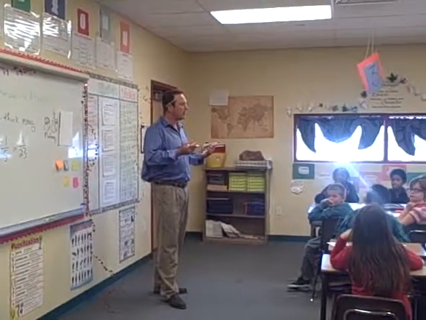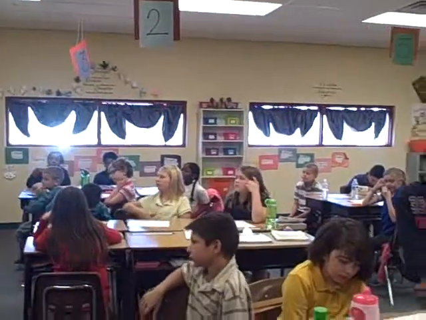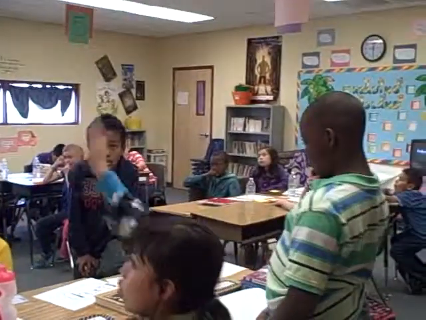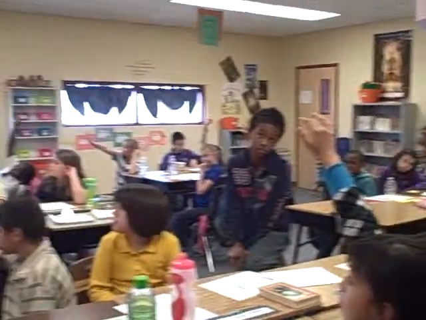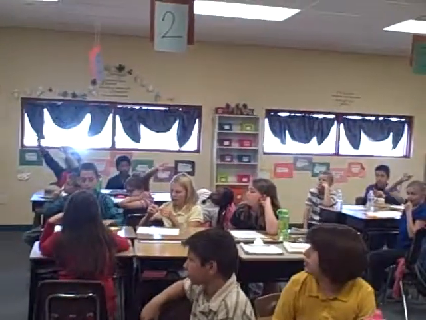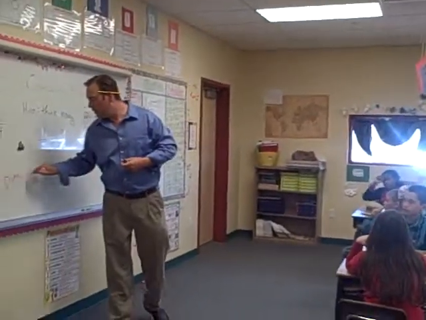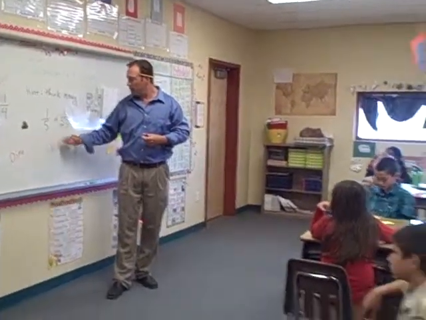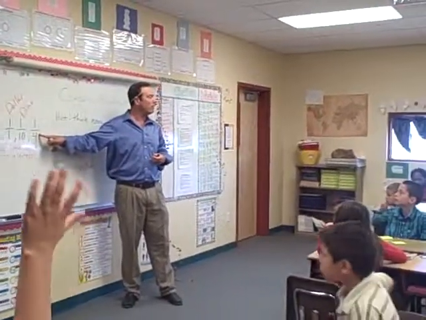If we're going from least to greatest, which one goes on the left and which one goes on the right? The dime goes to the left, and the dollar goes to the right. Okay, sweet. How about this one? 1 over 4.